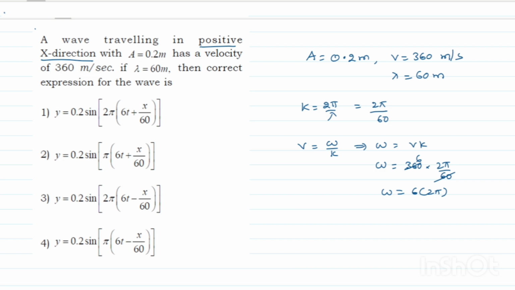Now just write the equation of motion. When it is moving along the positive x direction, the progressive wave equation you can write as y equals a sin(omega t minus kx).